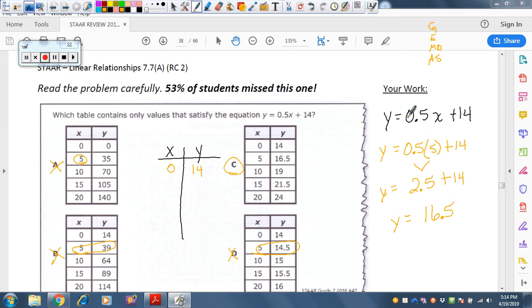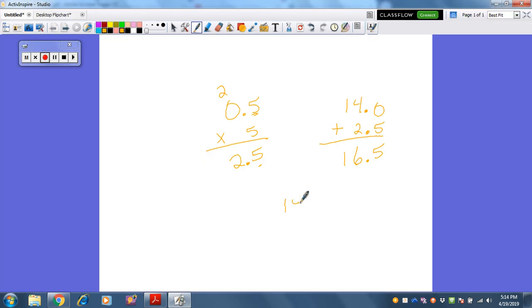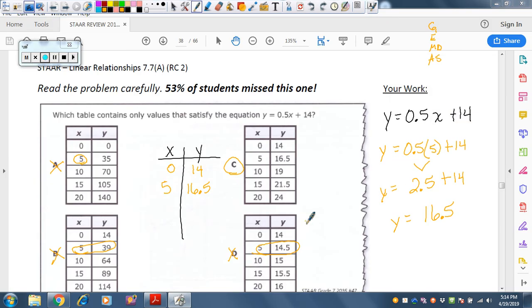Well, if you didn't follow GEMDAS, you might have had 0, 0 as an answer the first time. If you made a mistake with your adding, if you added 14 plus 2.5, you might have chosen B for an answer if you didn't line up your decimals.